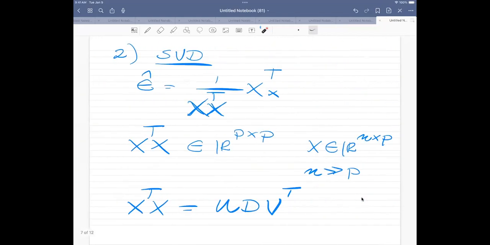So if you now look back at this singular value decomposition, I don't know if you remember that image of that city in Italy, where I used the singular value decomposition to reduce the dimensionality of the image. So the thing with the SVD is that I could say now that, okay, let's suppose that P is equal to 10,000. In that example which we had, I wanted to reduce that.